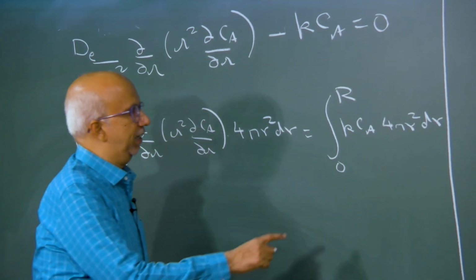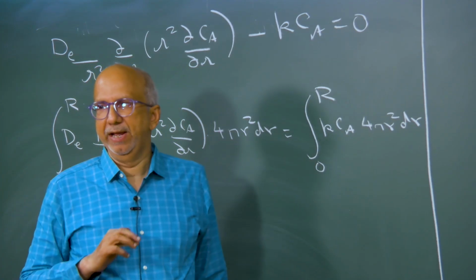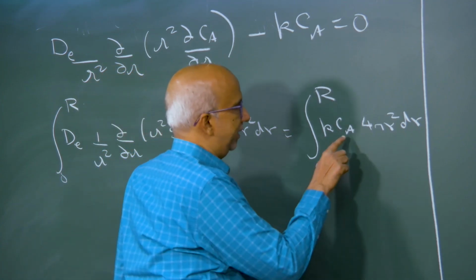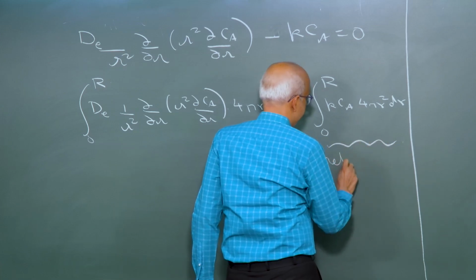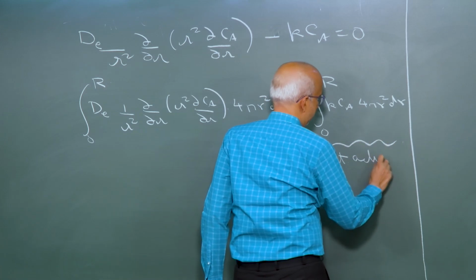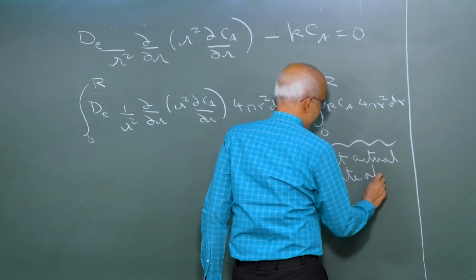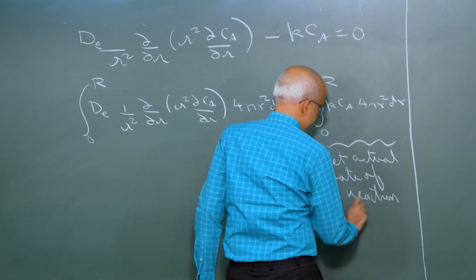Now, remember, because of the diffusional resistance, the concentration of A is going to change with r, okay, and therefore, this basically tells you the net actual rate of reaction in the sphere.